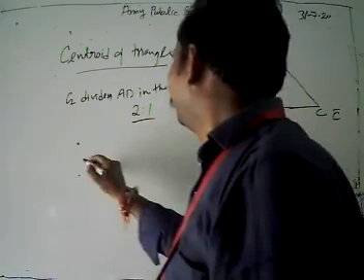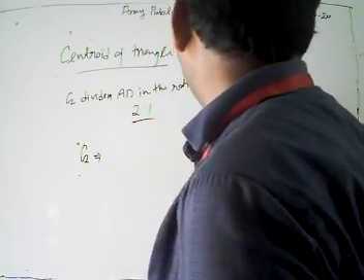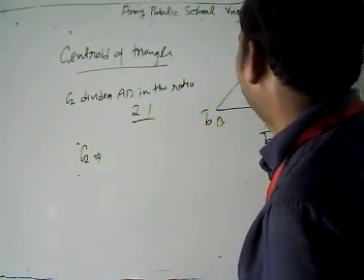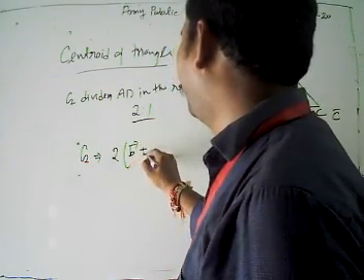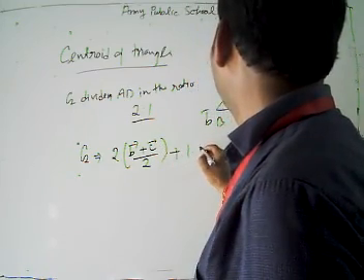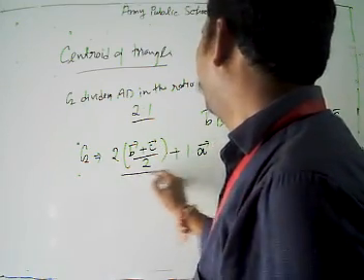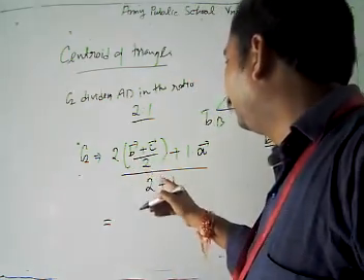Then the coordinate of G is given by 2 into (vector b plus vector c by 2) plus 1 into vector a, divided by 2 plus 1. Now we are going to solve this.